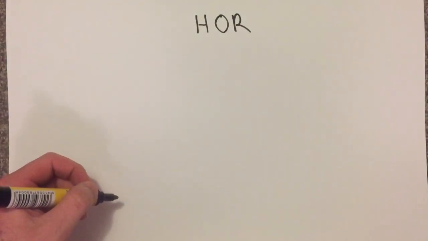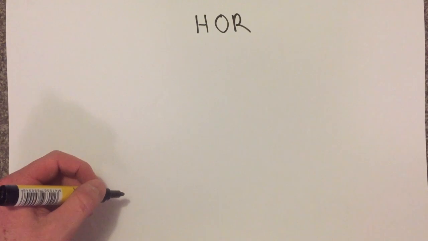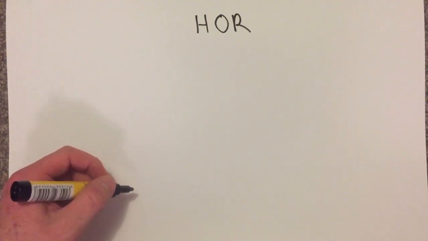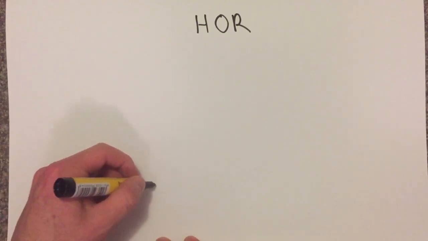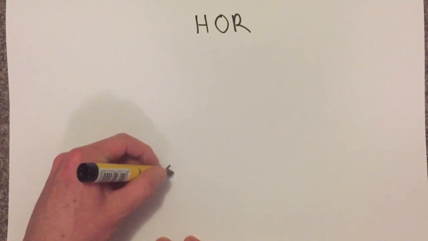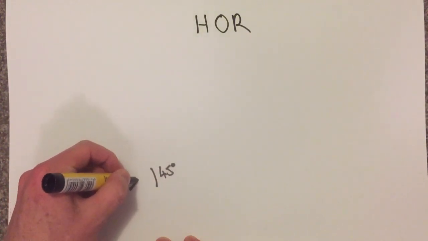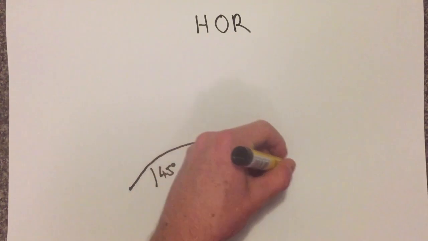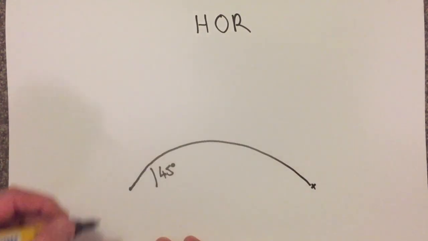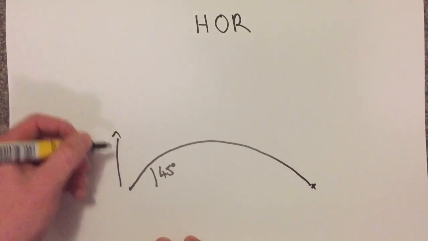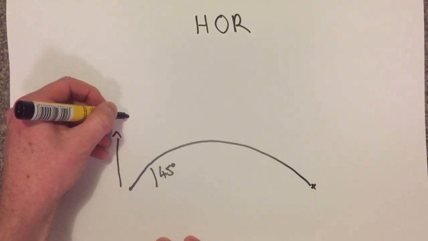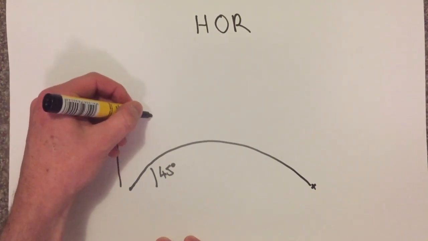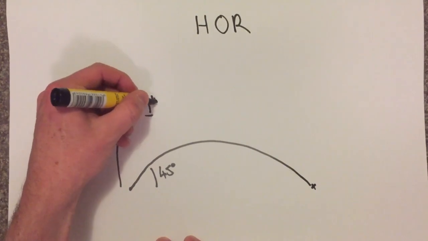And finally, visualizing height of release. We're going to keep the speed of release and the angle of release the same. We're going to start from this point here, 45-degree angle of release. We can see the trajectory will look something like this for a given speed. Cool. Now we're going to increase the height of release. We're going to put the point of release here. We're going to keep that angle the same, 45 degrees.